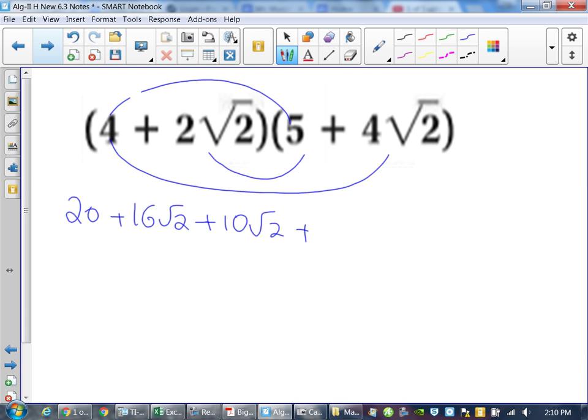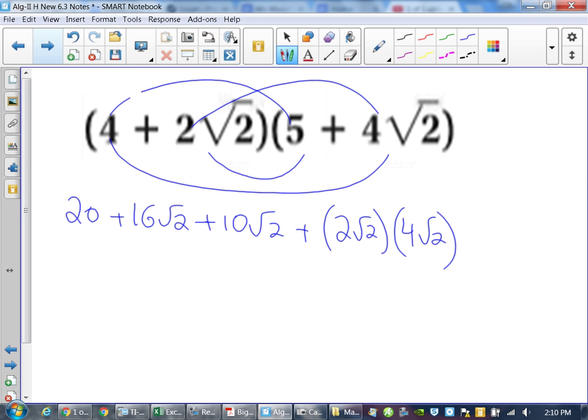And then the last one is usually where people get a little messy. This becomes 2 root 2 times 4 root 2. When you have numbers and radicals put together, always take care of your numbers first.